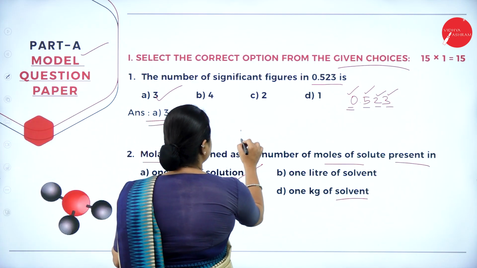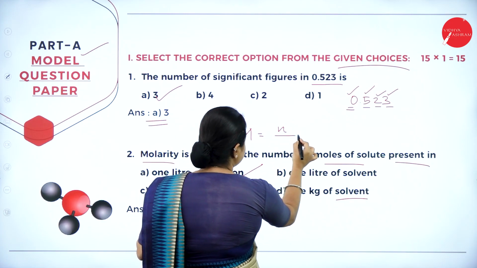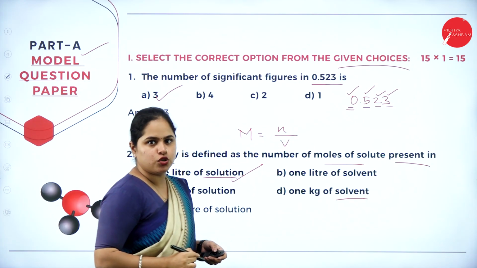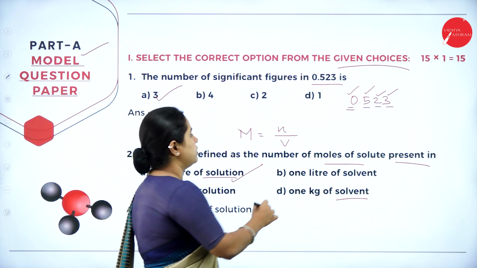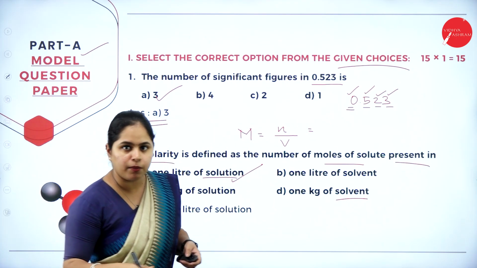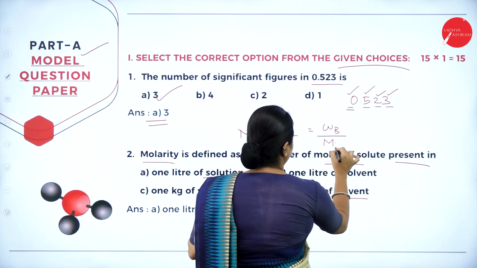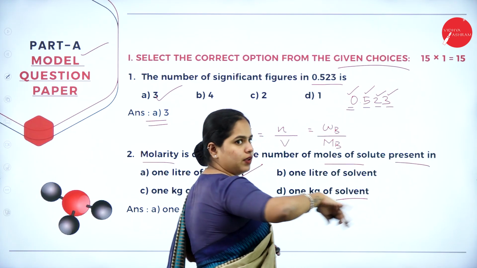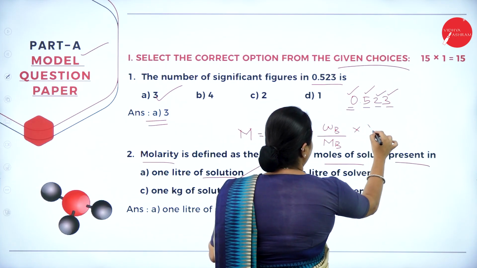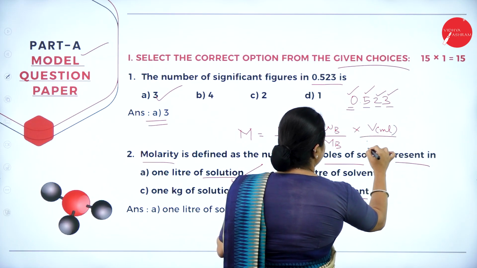So what is the equation that we have studied? Molarity is the number of moles of solute present in 1 liter of the solution. Another equation: number of moles is given mass by molar mass. So molarity is the given mass of the solute by the molar mass of the solute, divided by volume. If volume is given in milliliters, we divide it by 1000.